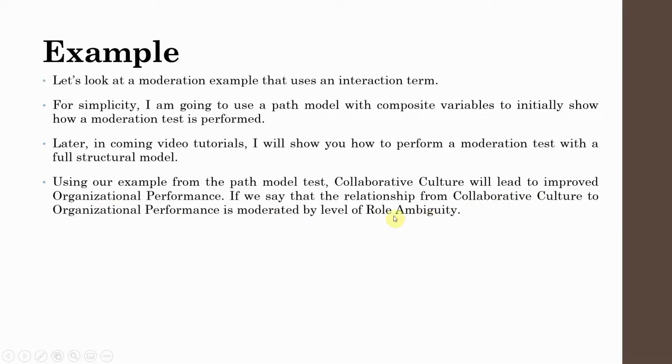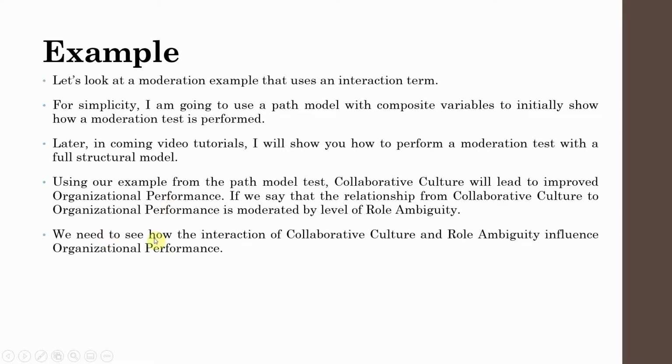That is, role ambiguity will negatively influence the relationship between collaborative culture and organizational performance. We need to see how the interaction of collaborative culture and role ambiguity influences organizational performance. So we will create an interaction of collaborative culture and role ambiguity.